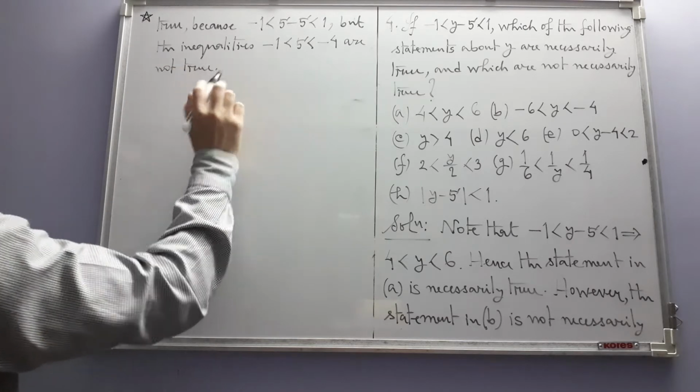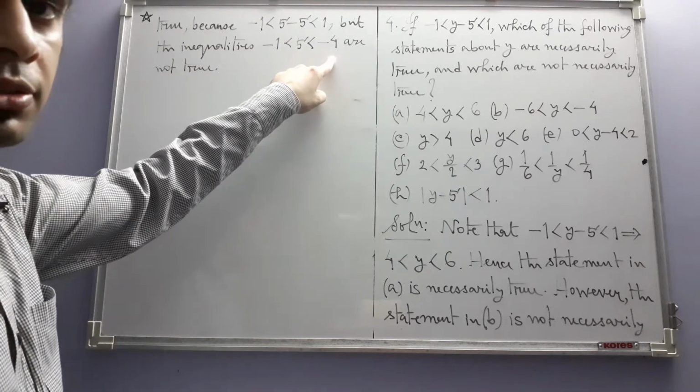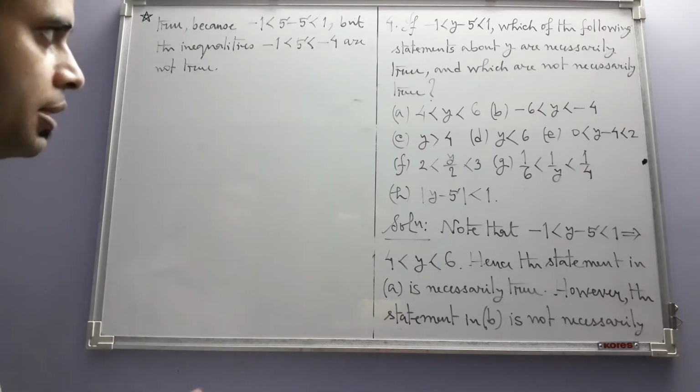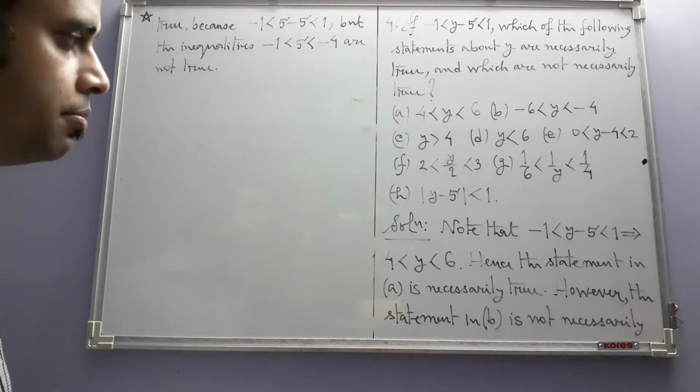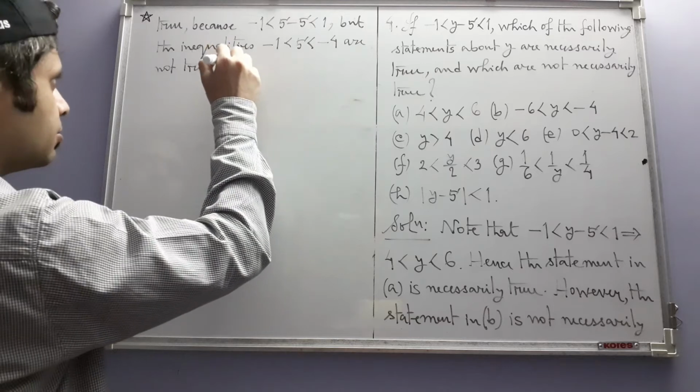Are not true means actually both of them are false. This is false and the second one is also false. So that's why B is not necessarily true, and all the remaining statements are necessarily true.